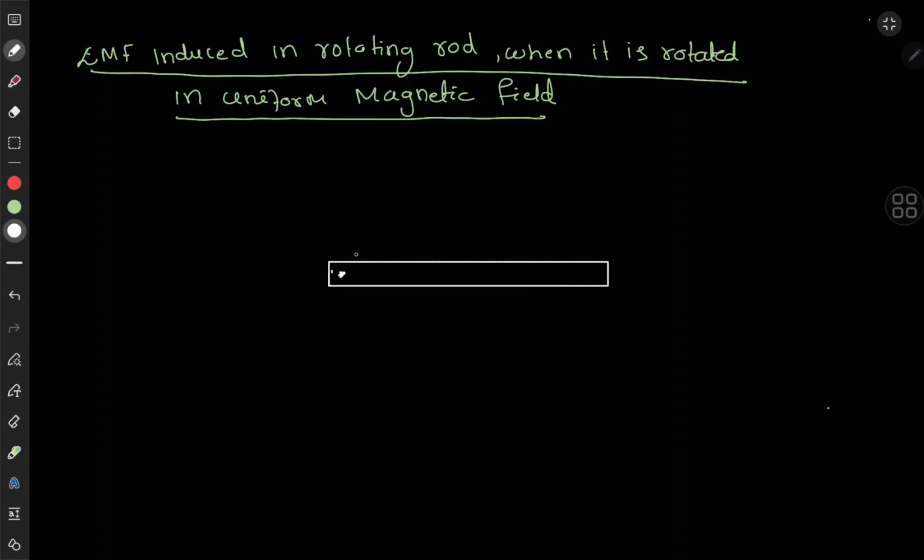Now this rod is rotating with constant velocity, that's called angular velocity omega, and this is the path taken by the rod. Now in this entire region there is a uniform magnetic field acting.